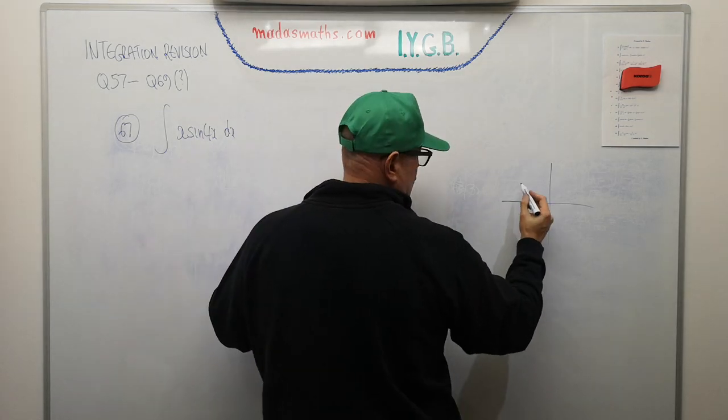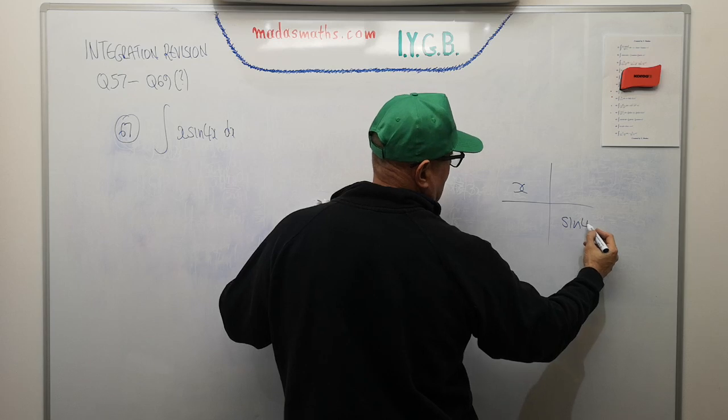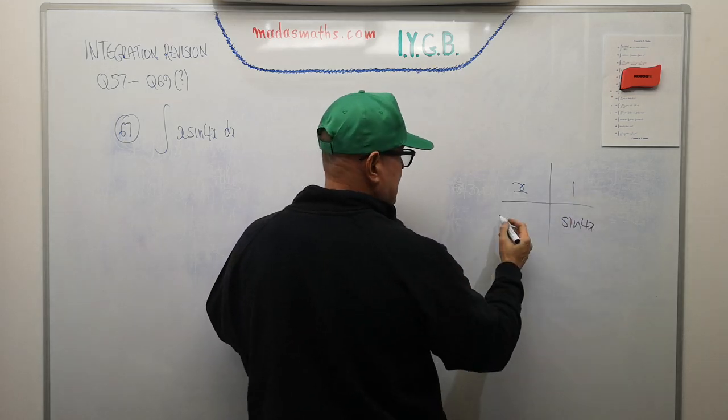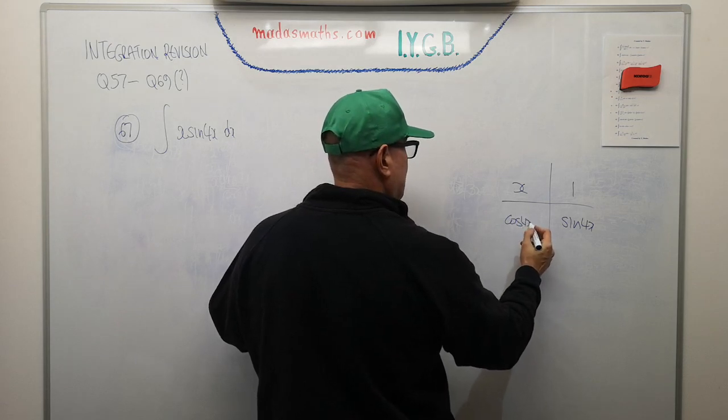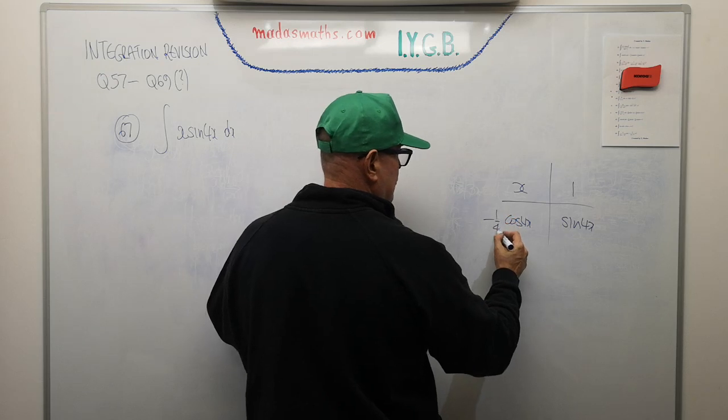So I'm going to put the x on the top left, and I'm going to put the sine of 4x on the bottom right. Differentiate the x, 1. Integrate the sine of 4x: cos 4x, cos differentiates to a minus, so adjust it, and then it needs a quarter in front of it.